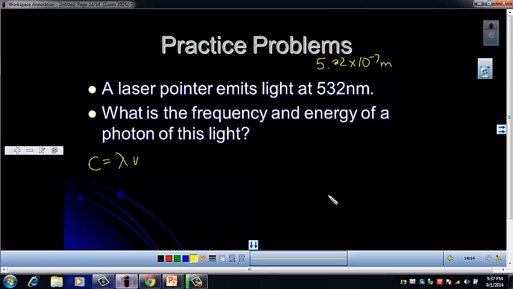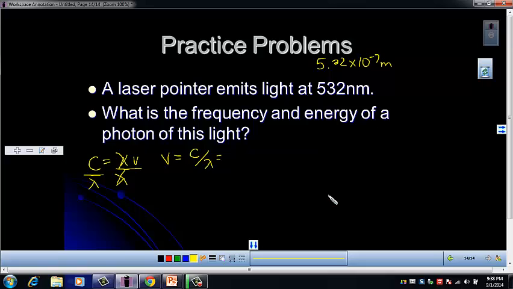Okay, and we want to solve this problem for the frequency first. We know the wavelength, C is a constant, the speed of light, so we want to get nu by itself. So we're going to divide both sides by wavelength. Just like we were doing when we were calculating densities, these two will cancel, and we know that nu will equal C divided by lambda.